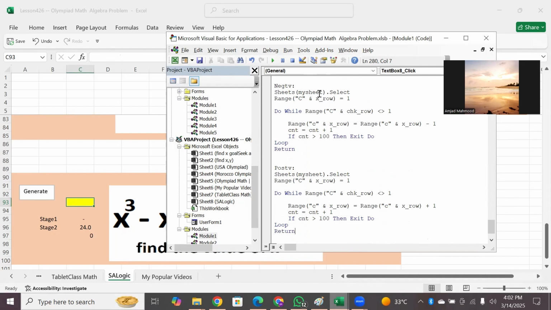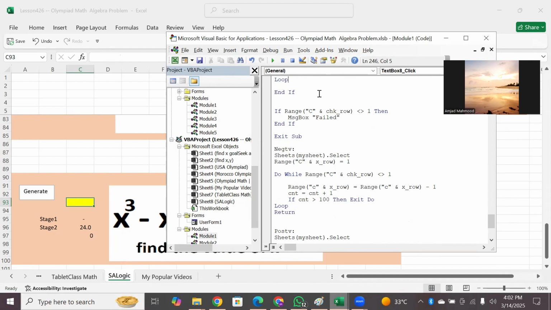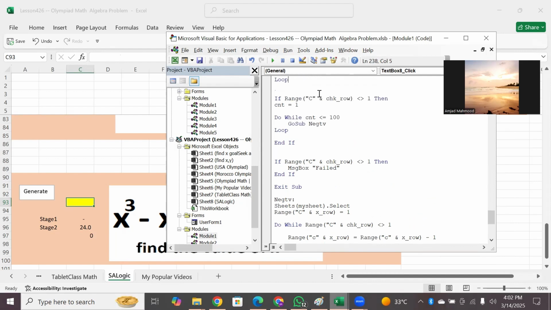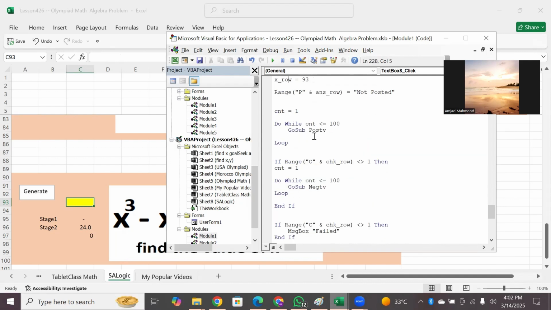If it does not work, then it will go to the negative route. This is a simple problem, and it will be resolved on the positive side, so the negative code will not be required to be executed, since it will reach the answer through the positive, right?